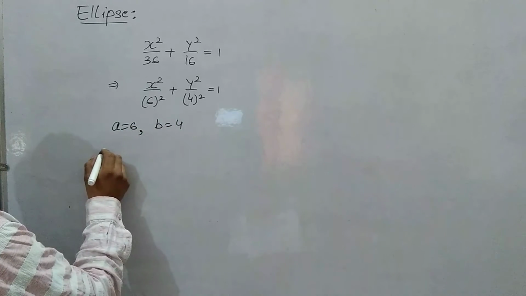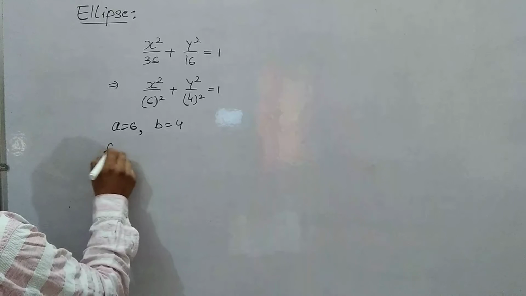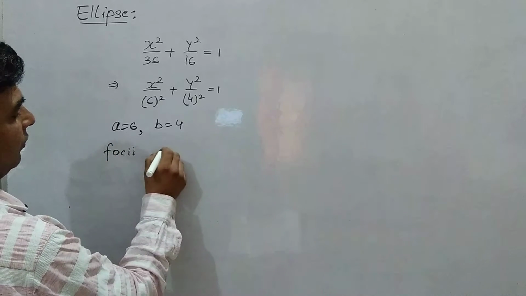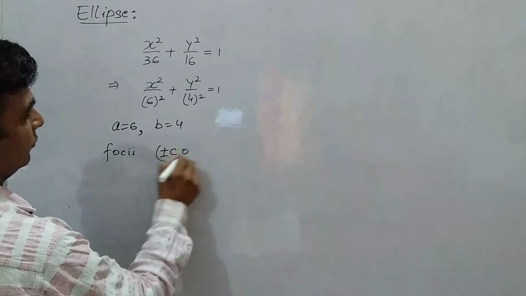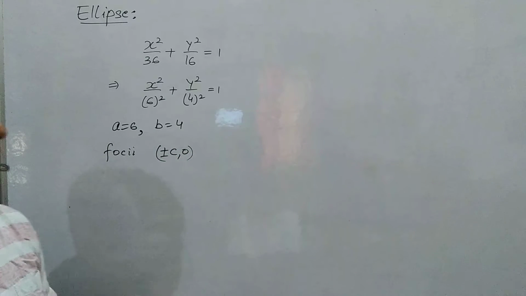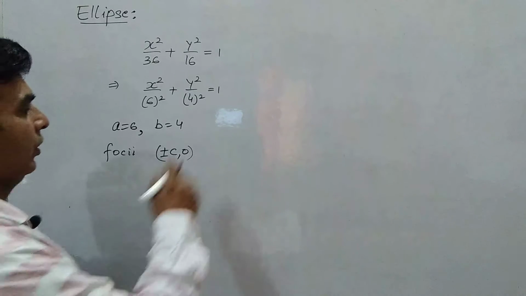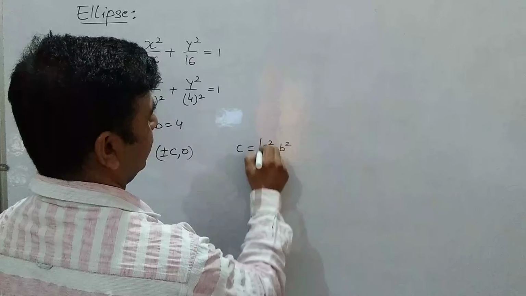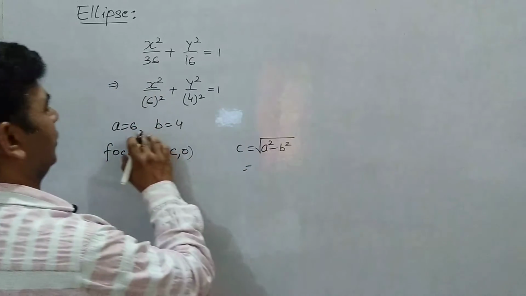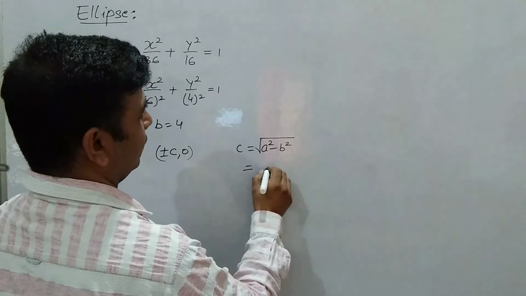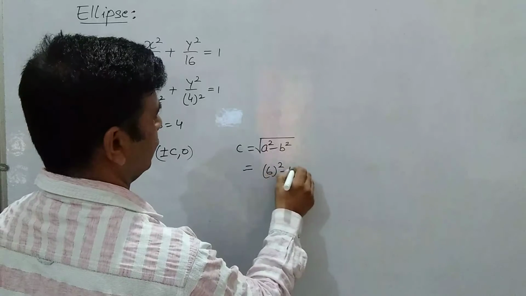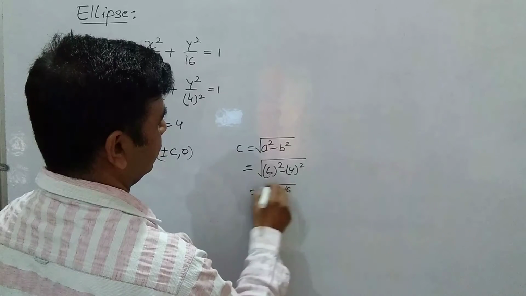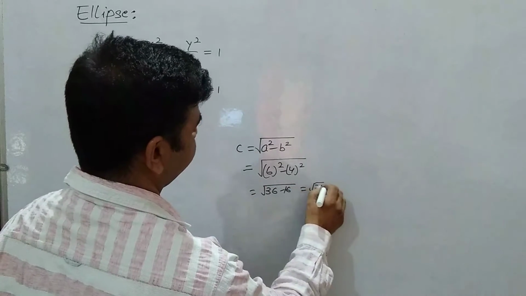Now we need to write down the foci first. To write the foci, children, we have plus minus c comma 0, where c is obtained through the formula square root of a square minus b square. The value of a is 6, so this is the square root of 6 square minus 4 square, which is the square root of 36 minus 16, which is root 20.